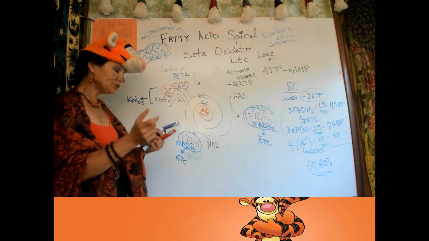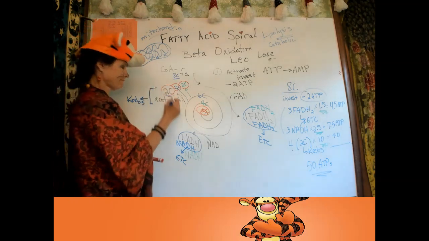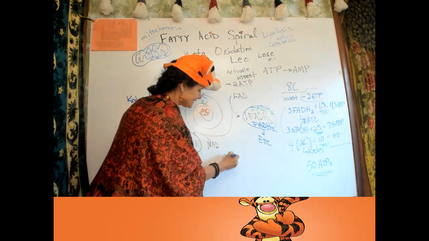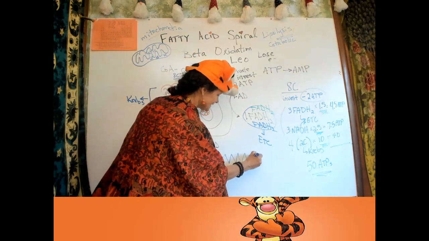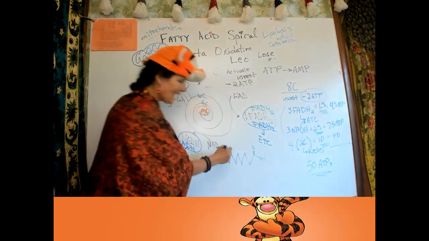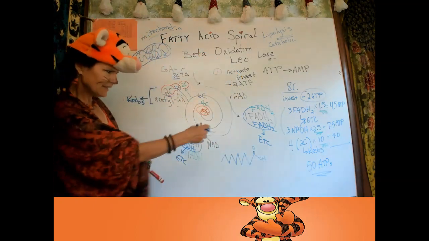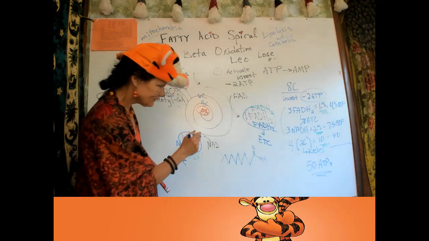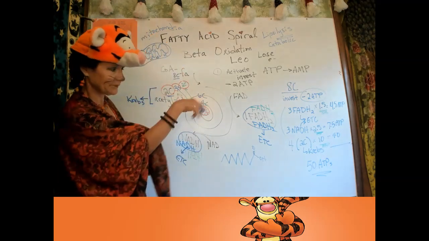fatty acid. And so you might remember, we drew zigzags when we drew fatty acids, and then we did the acid down here, and that was it. There was only the oxygens at the end.